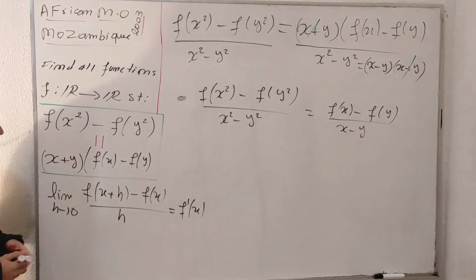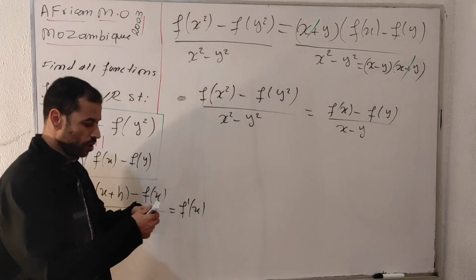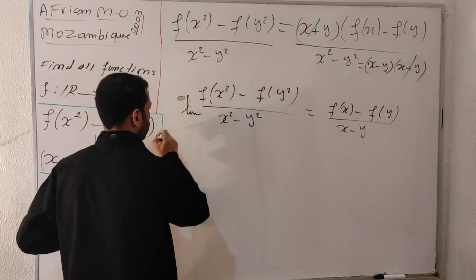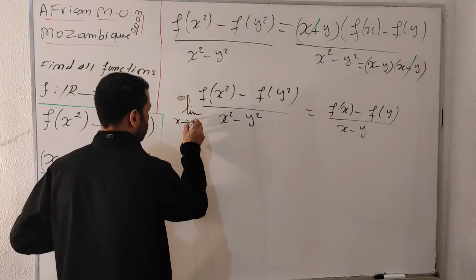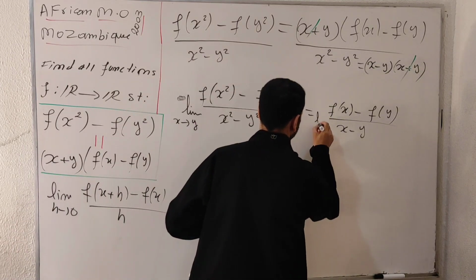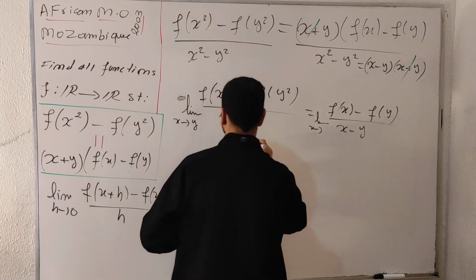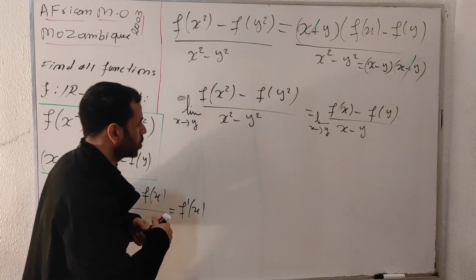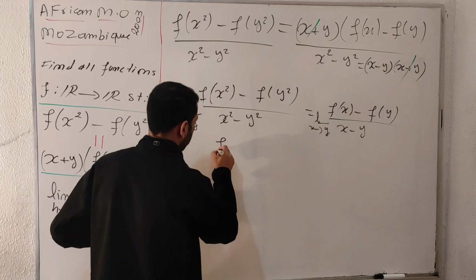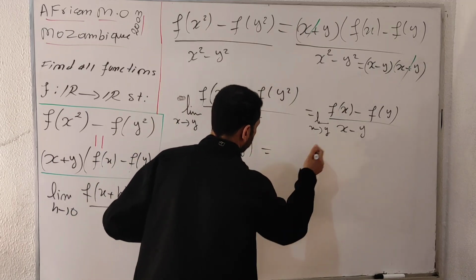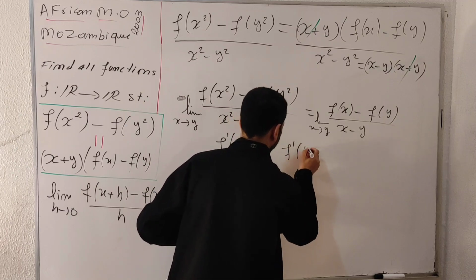So by the definition, I'm going to do the same thing here by taking the limits on both sides as x goes towards y. The same thing, x goes towards y. This one is giving us f prime of y squared, and this one is giving us f prime of y.